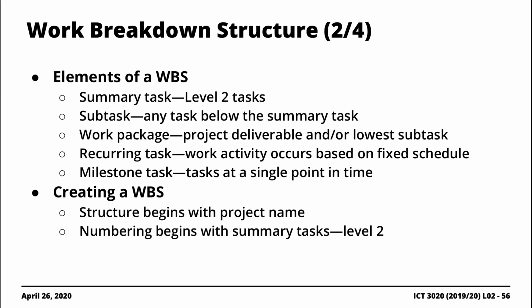So things like requirements engineering, system design, implementation, right? The subtasks are all the different tasks that will fall below the summary tasks. So this would be level 3 tasks, level 4 tasks, level 5 tasks if you want to.